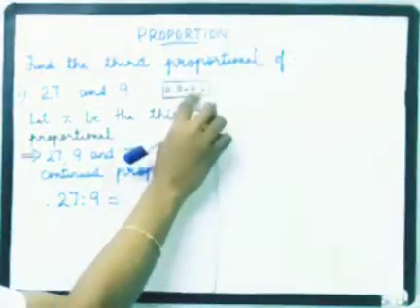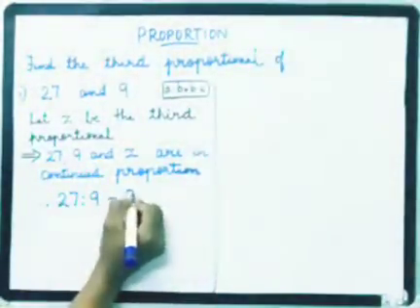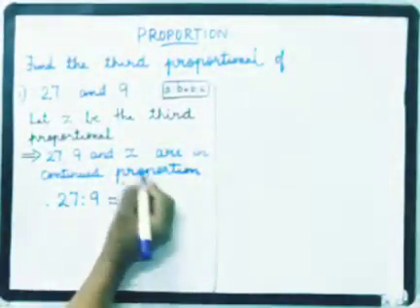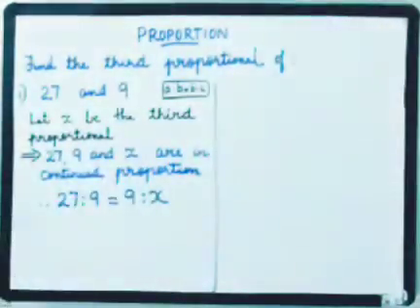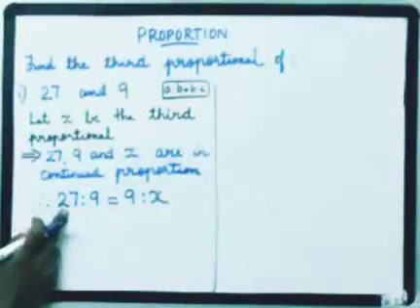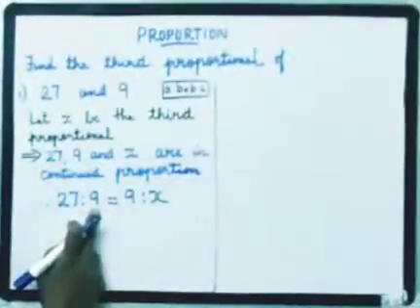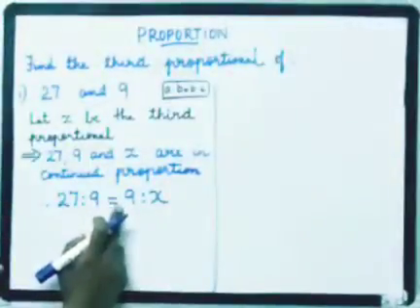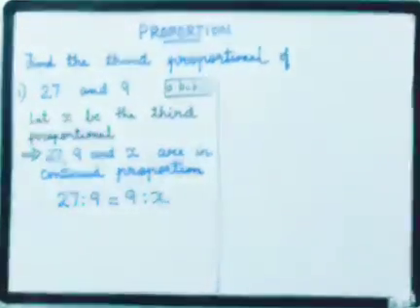Then again second quantity is 9, 9 is to third quantity is x. So if three quantities are in continued proportion, the ratio between the first quantity and the second quantity is equal to the ratio between the second quantity and the third quantity.